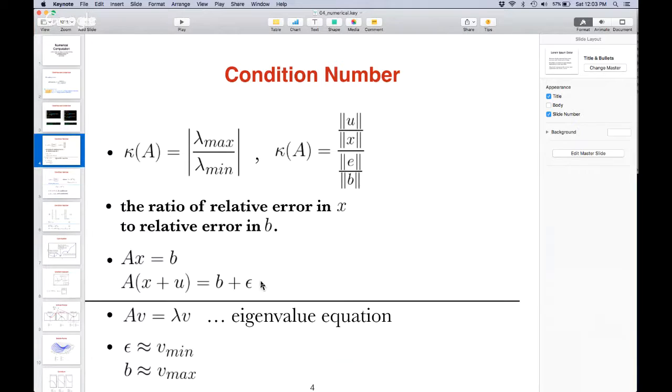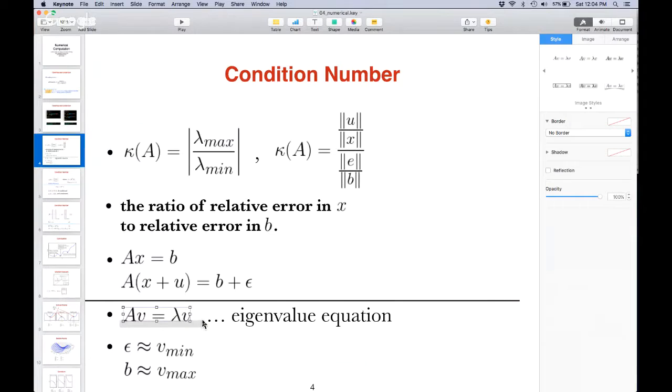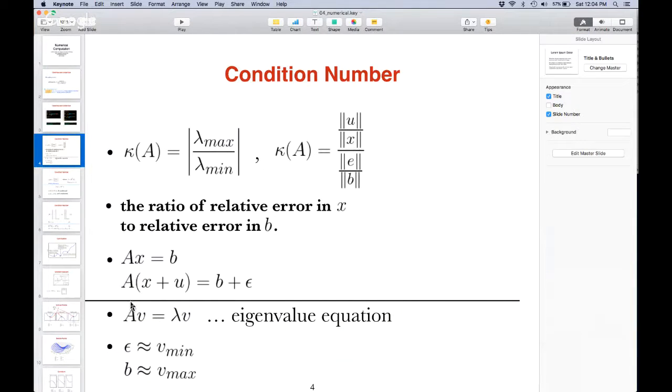And this, I should have put an epsilon here, not an e, is the error, the ratio of the error to your right-hand side vector. And this, again, boils down to how well you know the characteristic equation of your coefficient matrix A. And the condition number gives you the worst case of this error propagating into your solution vector.